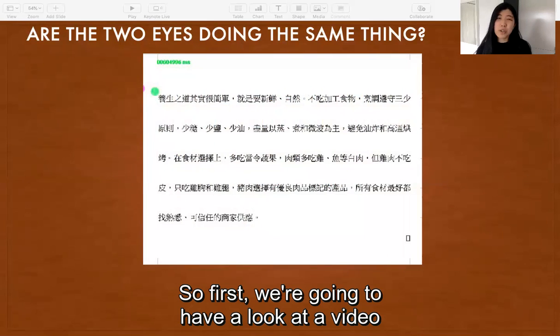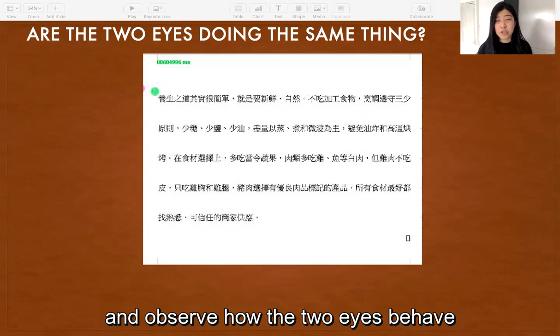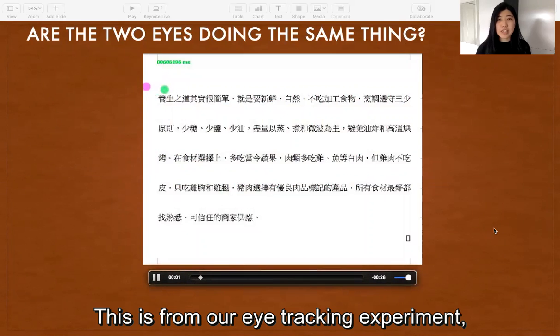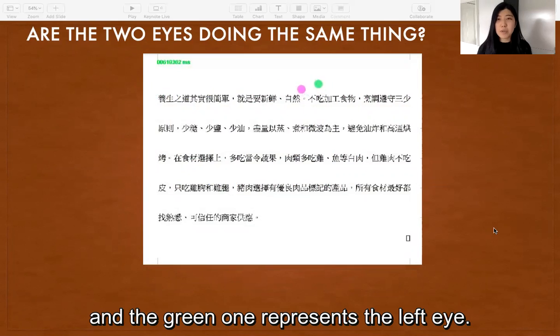First, we're going to have a look at a video in the reading of Chinese and observe how the two eyes behave and coordinate in the reading process. This is from our eye tracking experiment, and the pink one represents the right eye and the green one represents the left eye.